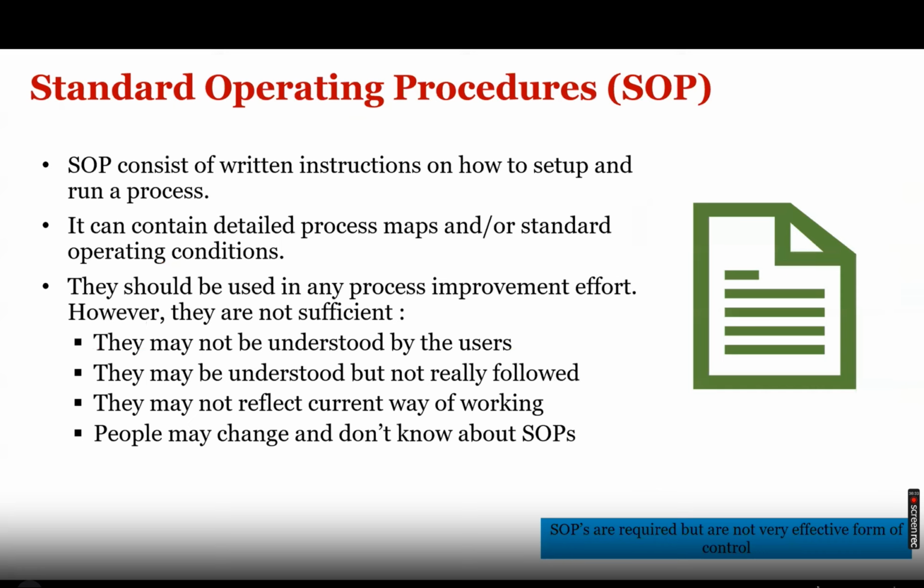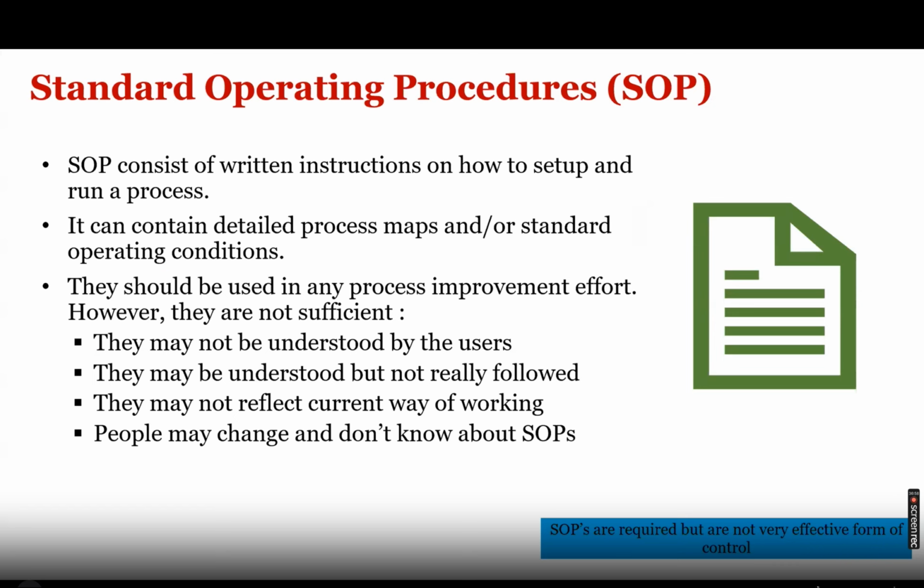Standard operating procedure talks about written instructions or a procedure for a particular department, business unit or project on how to set up and run a particular process. It can contain a detailed process write-up with maps, pictures, flow charts, whatever is applicable.